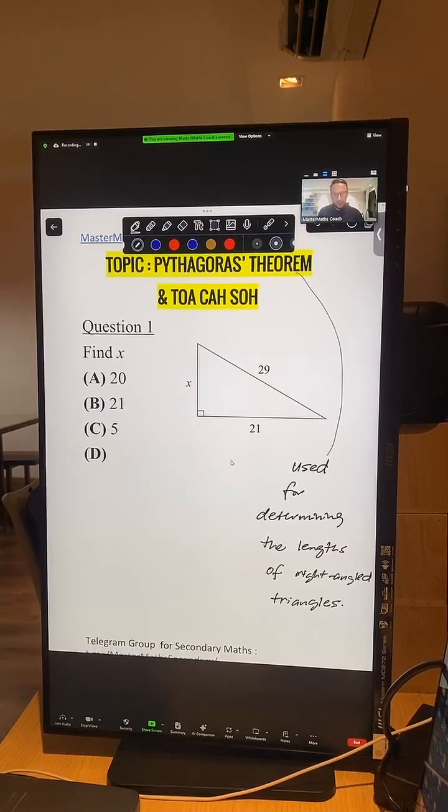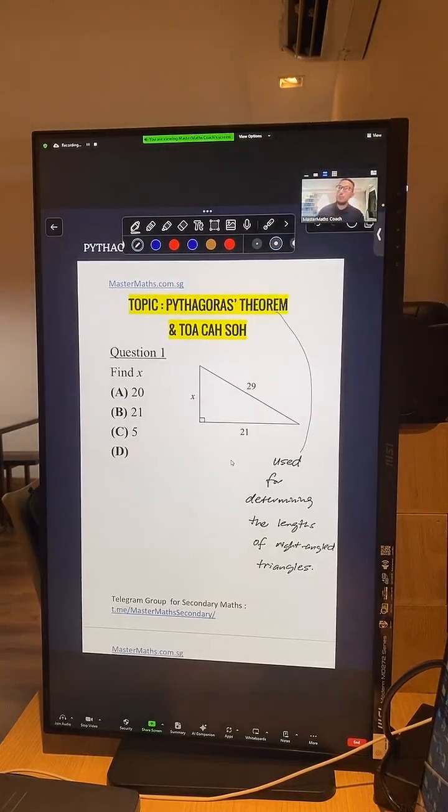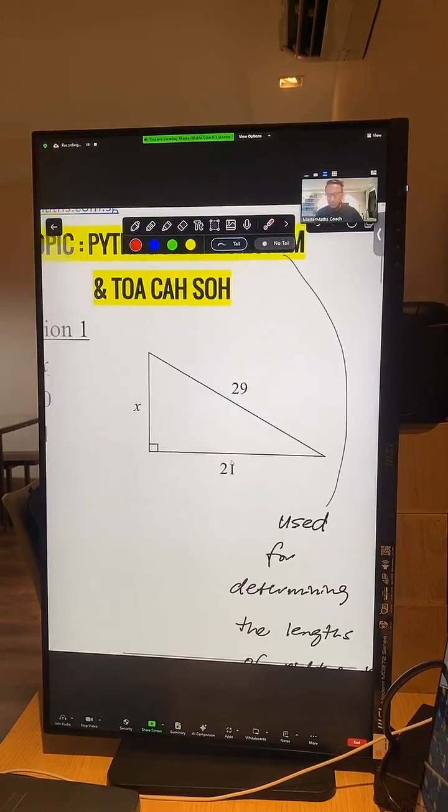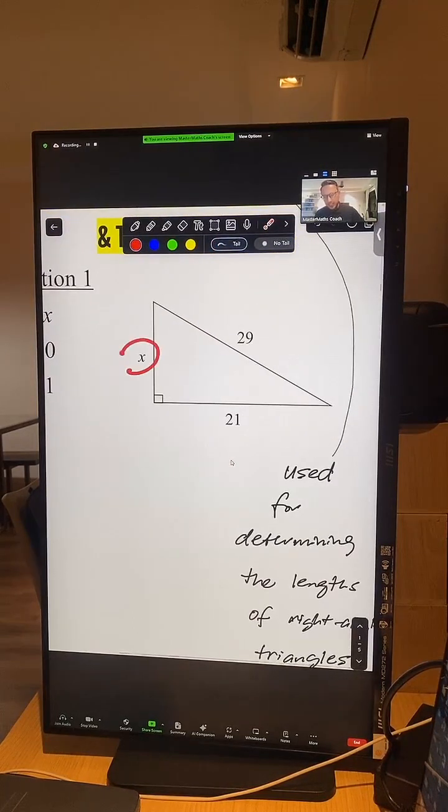So you use it when you want to determine the lengths of a right angle triangle. Let's say now in this case, we have this side 29, this side 21. We can use Pythagoras theorem to find x.